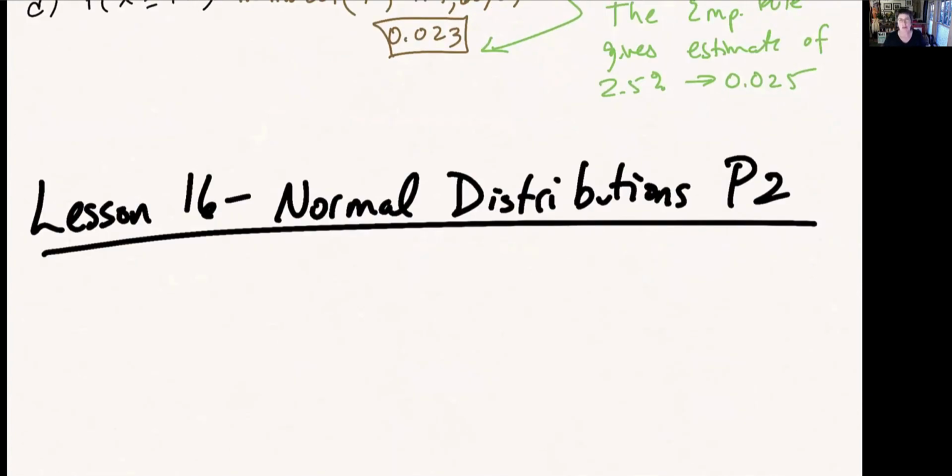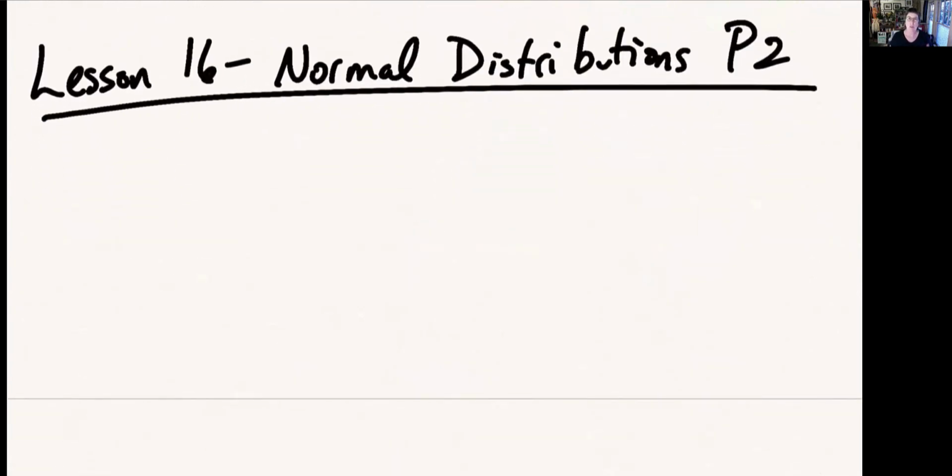Okay, with the normal distributions, this is just a continuation. And remember, there wasn't a whole lot new in lesson 16. In fact, I think all of you thought it was pretty straightforward. Okay, well, not all of you, but most of you, many of you thought it was pretty straightforward. We just learned 2 new pieces of information in lesson 16.